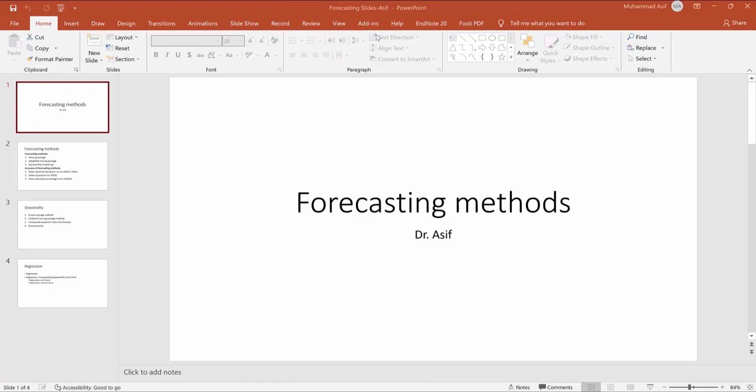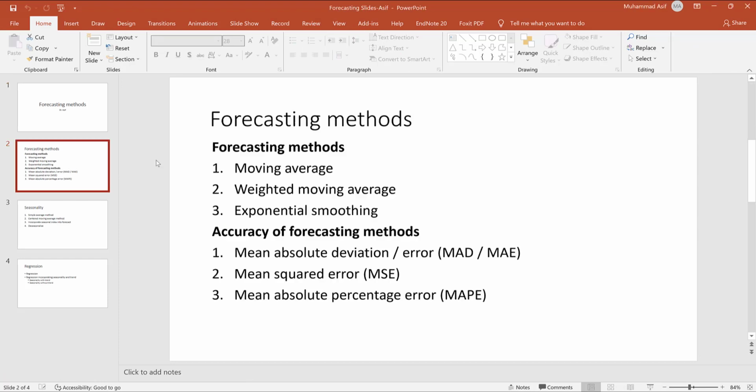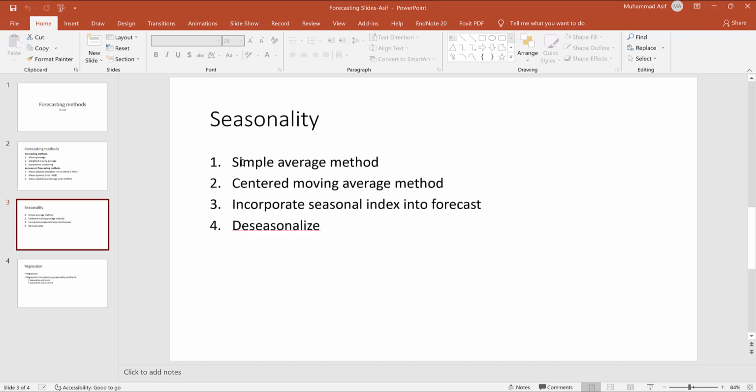In this video we discussed moving average, weighted moving average, exponential smoothing, and how to determine the accuracy of these forecasting methods. And then we discussed the seasonality element by using the simple average method and the centered moving average method, and how to incorporate the seasonal index, which means multiplying your forecast by the seasonal index.